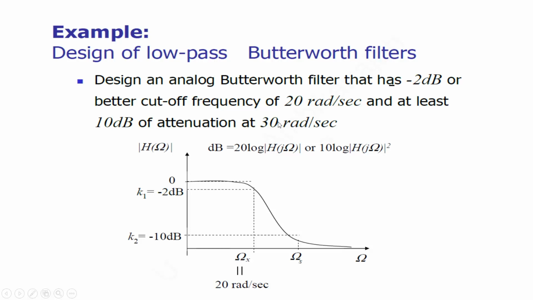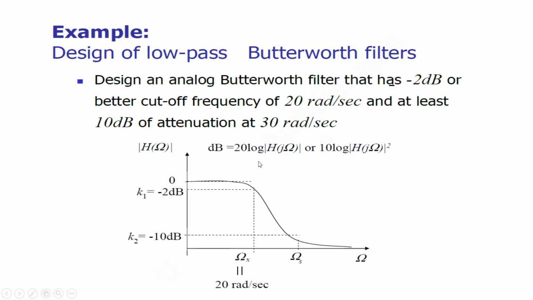This frequency of 20 radian per second is not at -3 dB. That means it is not the cutoff frequency. This frequency is some other frequency at -2 dB attenuation. If we draw the characteristics along the y-axis, it is 20 log |H(j omega)| or 10 log |H(j omega)| squared, because this represents power, this represents voltage.